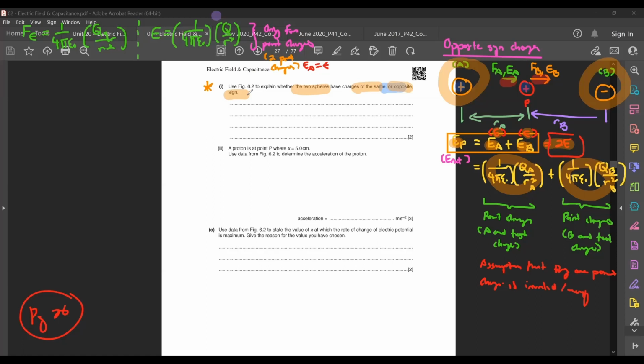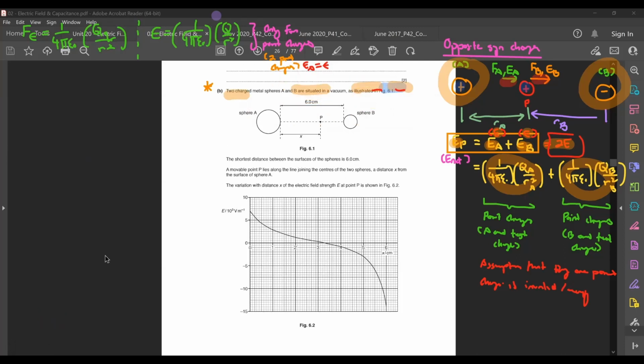They will give you some sort of electric field strength versus distance graph or potential versus distance graph, and then ask you to deduce whether the two spheres have the same sign or opposite sign, meaning positive-positive or positive-negative. You are supposed to deduce that from the graph itself.